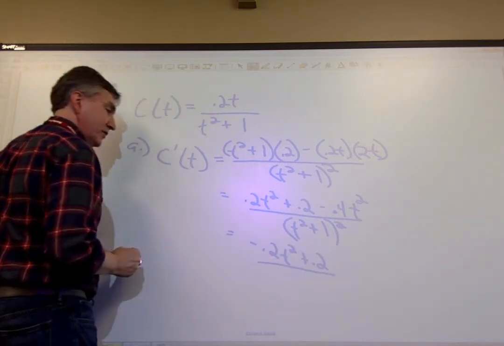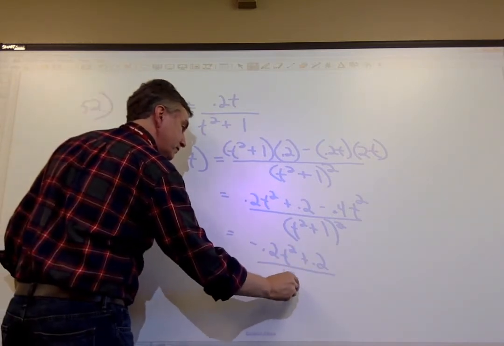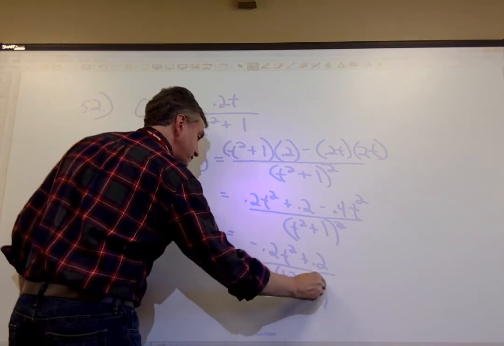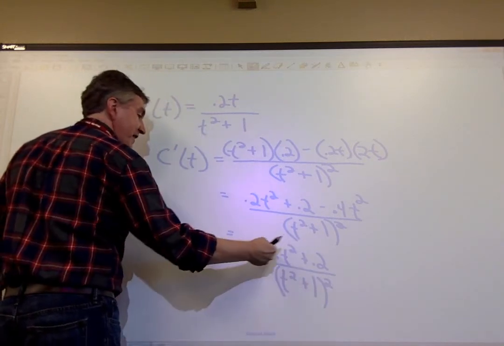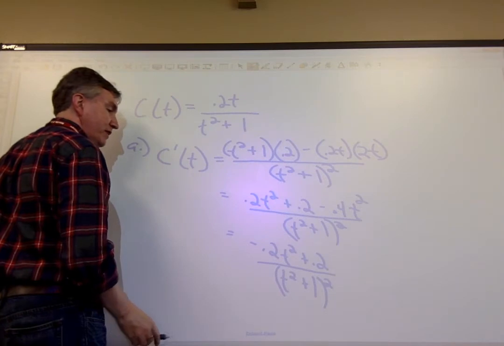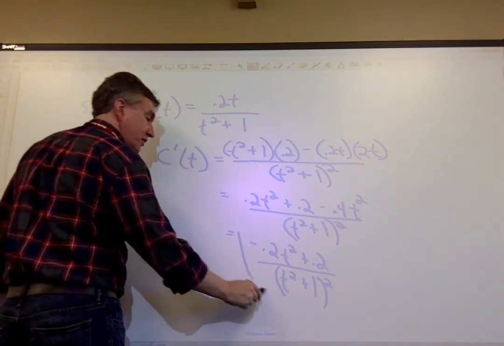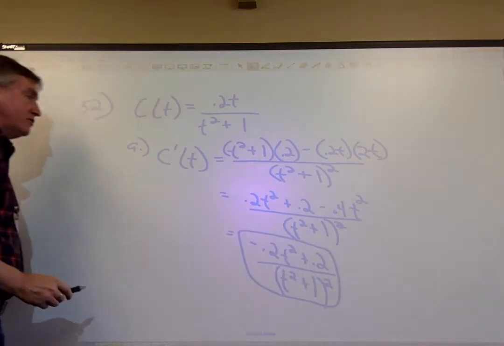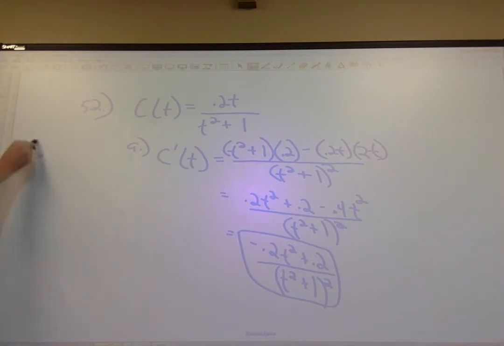Yes. The book might even factor out the 0.2, but I wouldn't make you do that. All they're asking me to find in part B is c prime at certain values of t. How fast is it changing at 1/2 hour, 1 hour, and 2 hours after the injection? Why don't we just do 1 and 2?